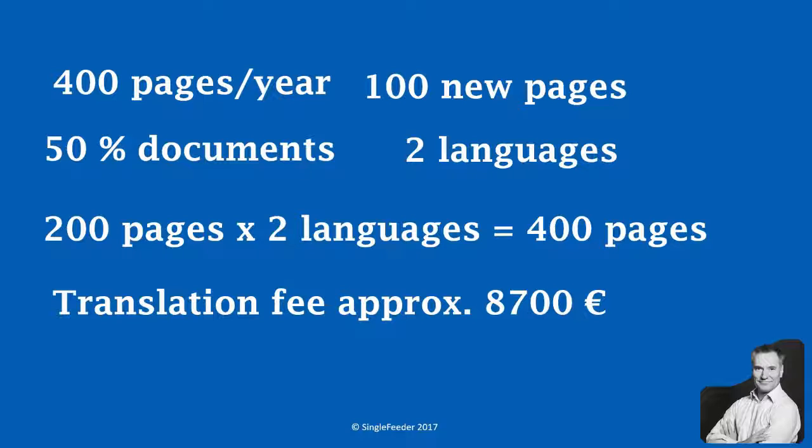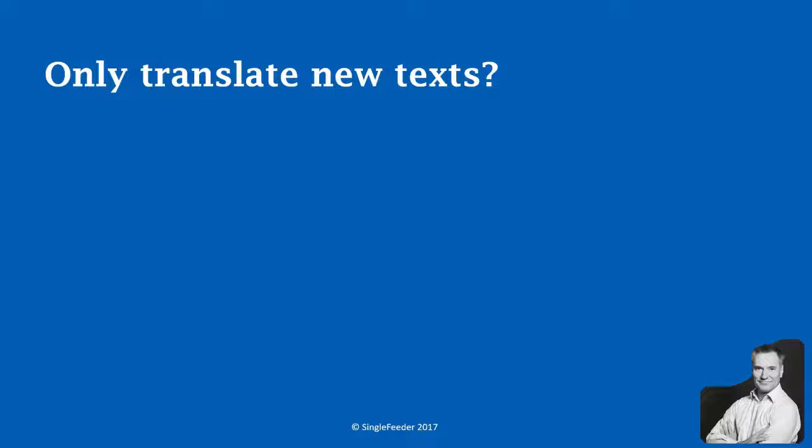8,700 euros. So what would happen if you could reuse the existing translations as well and only need to translate what is actually new text? The translation effort that you need to make would be reduced by your reuse rate. So you would only have to translate 50 pages into 2 languages.